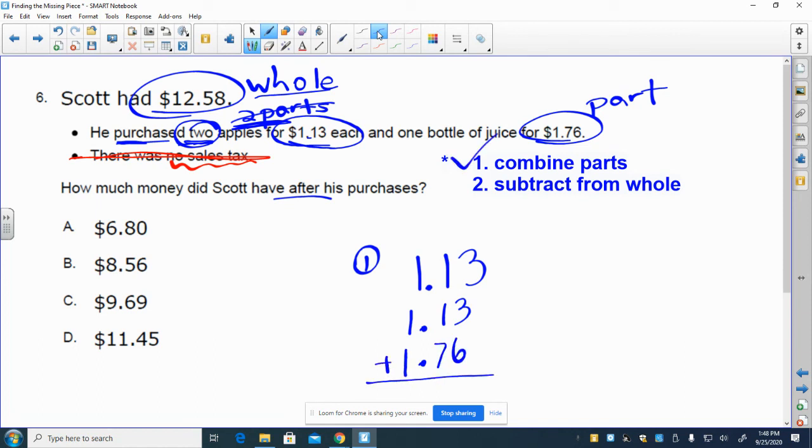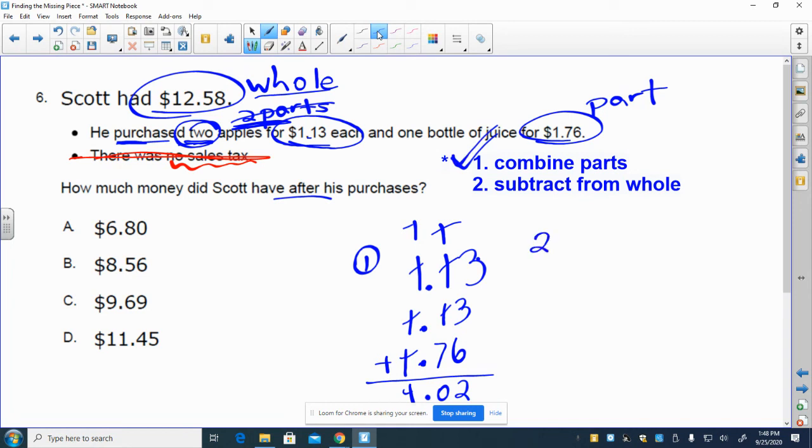Step 1, combine the parts. 3 and 3 is 6, plus 6 is 12. Write the 2, carry the 1, 7, 8, 9, 10. Write the 0, carry the 1, and bring your decimal down. 1, 2, 3, 4. That's just when we put the parts together.